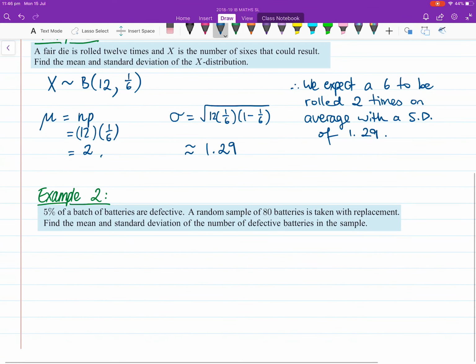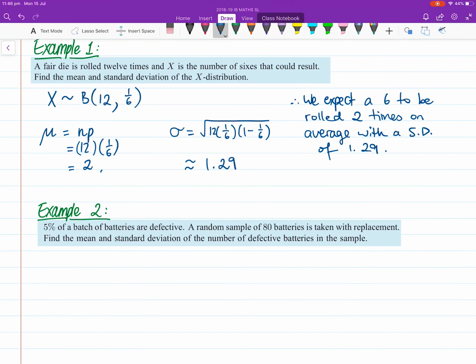All right, let's do example 2. 5% of a batch of batteries are defective. A random sample of 80 batteries is taken with replacement. Find the mean and standard deviation of the number of defective batteries in the sample.